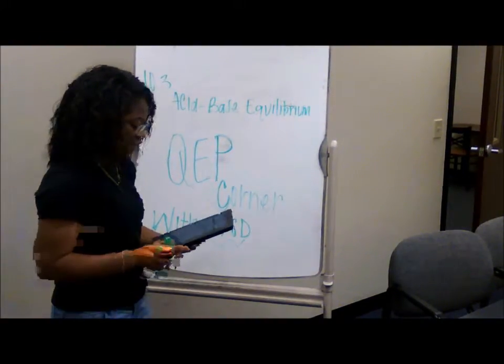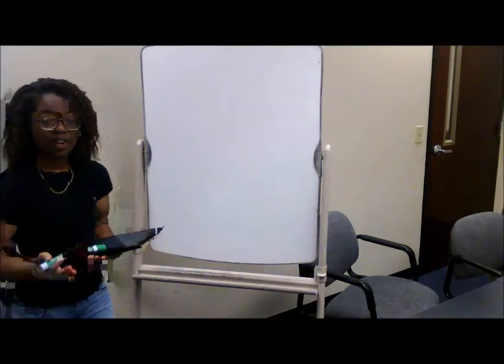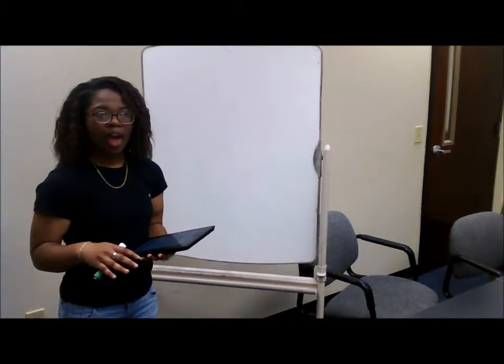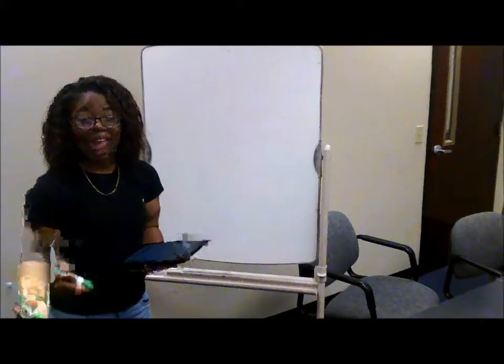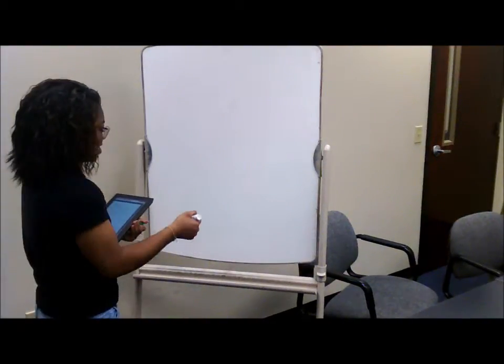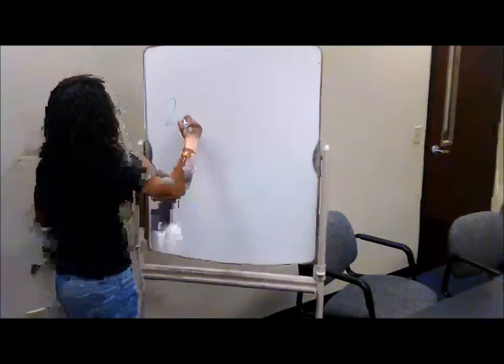Now that you all have the definitions of an acid, base, and equilibrium, I would like to go into depth about how an acid-base equilibrium works. First off, there are two reactions.